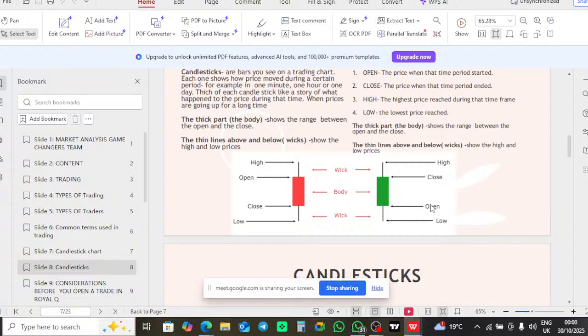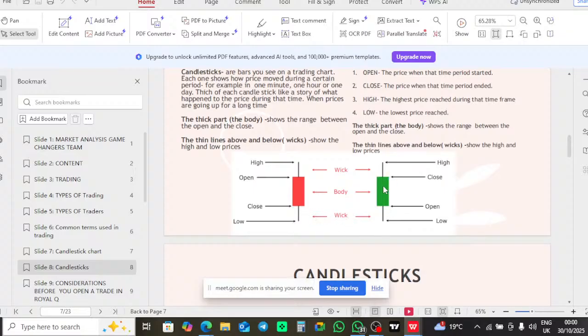The open and close will now be vice versa. The green candle, its open is always down, because the green candle is created while it is coming from down as it is going up. Are we together? Its open is down, then the lowest point, they are all having lowest point down as well.